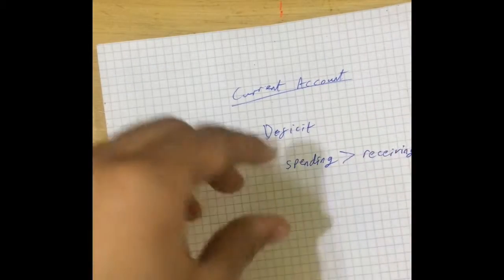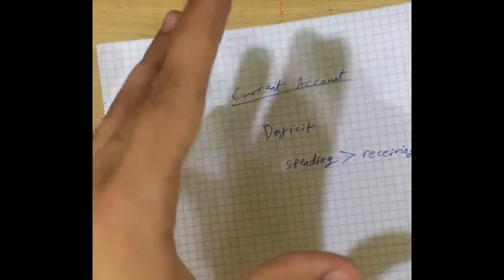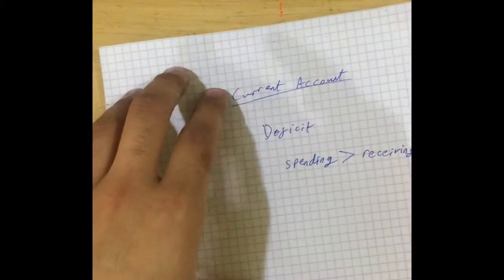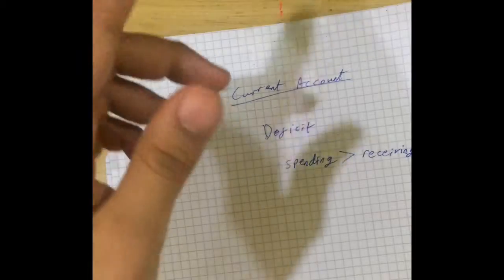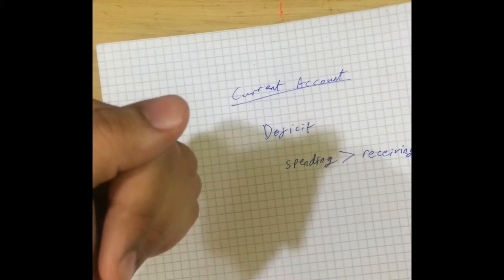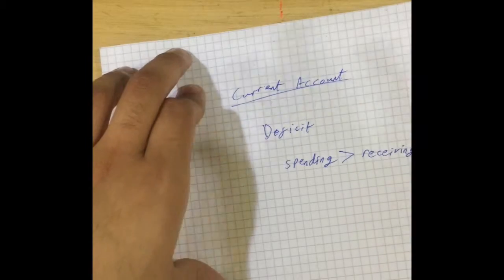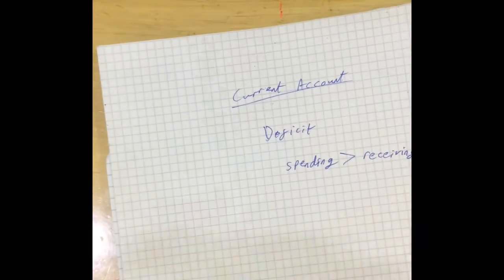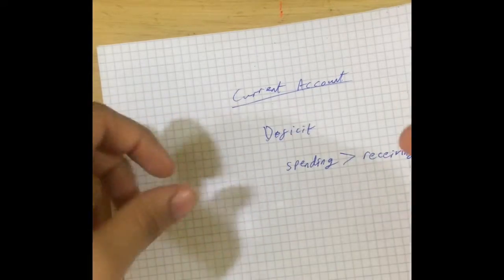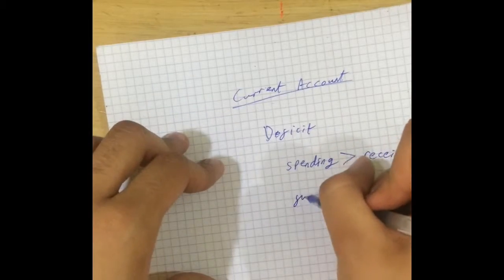Because the deficit basically means on the current account that money coming into the country is less than money going out of the country. And therefore you need to fund that deficit. That money needs to come from somewhere.